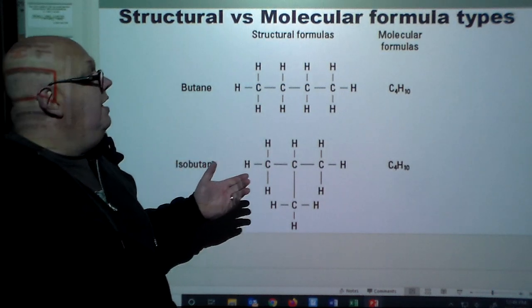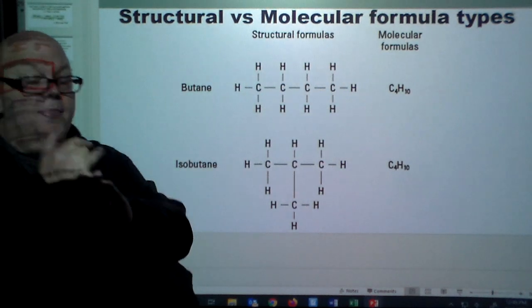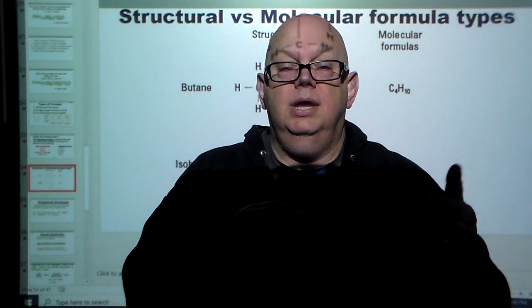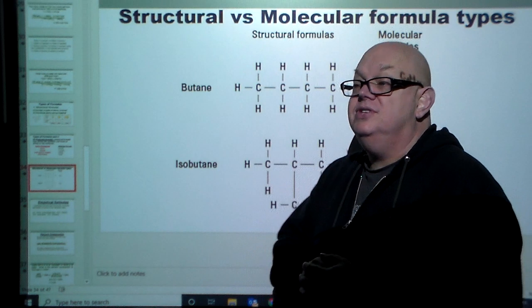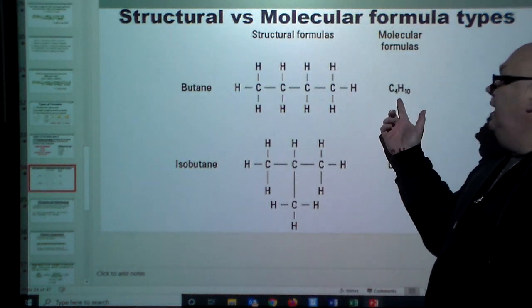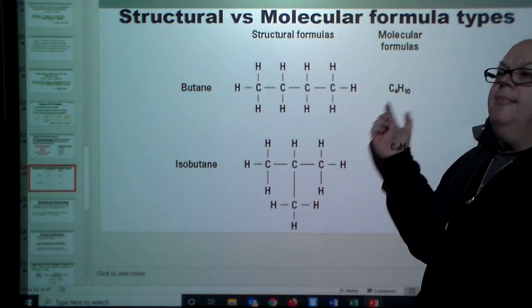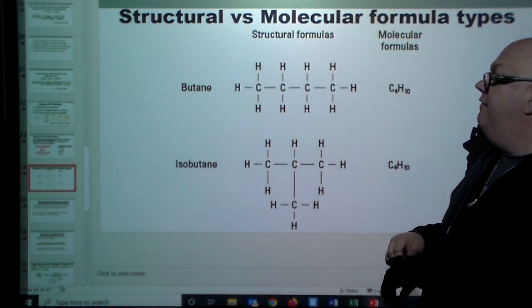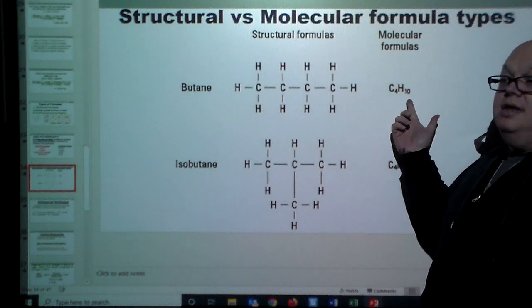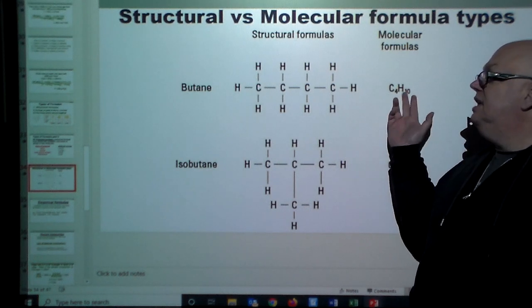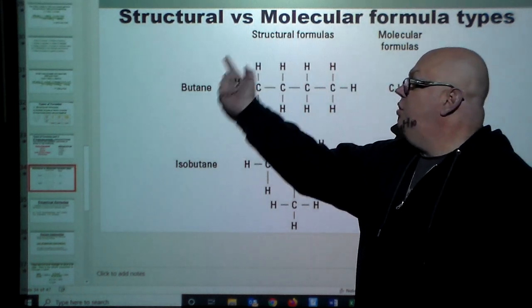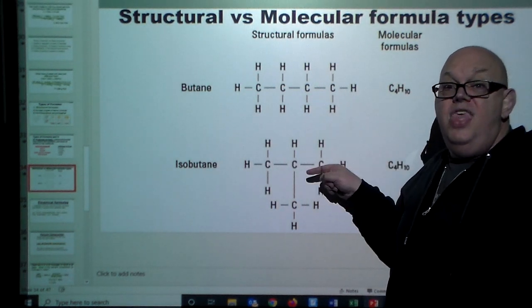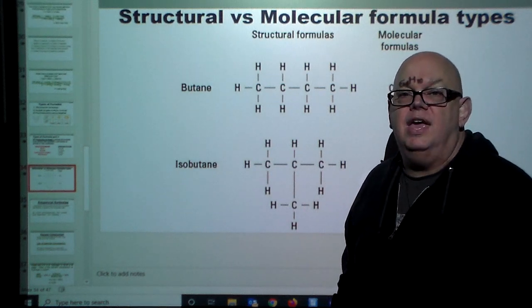We looked at the idea that structural will tell us the number of pieces we have, the kinds of pieces we have, meaning atoms, and how they're put together. Whereas a molecular formula just tells us how many pieces we have and what kind of each piece we have. So I can have C4H10, that's nice, but it doesn't tell me how it's put together. The structural formula will tell me how it's put together, and even then, it has to be specific.